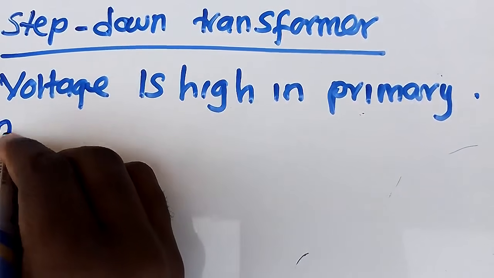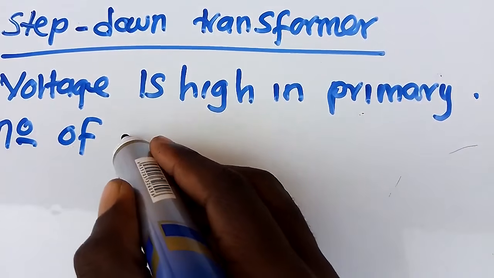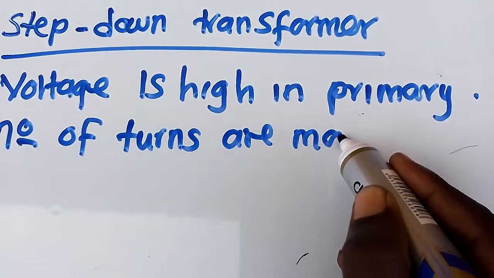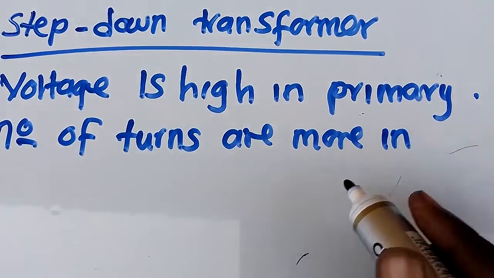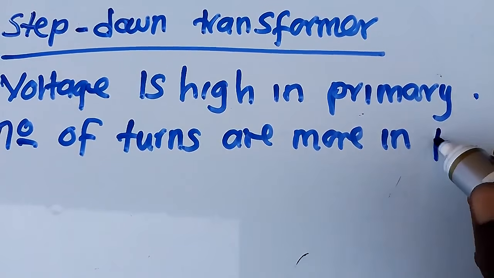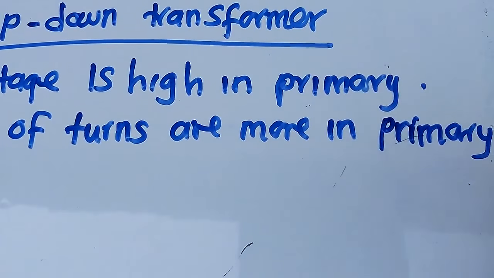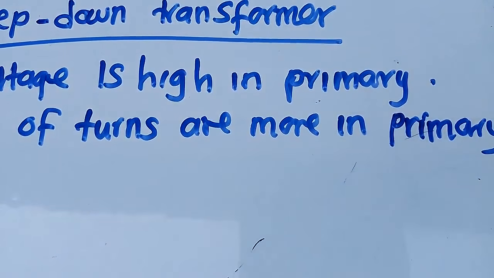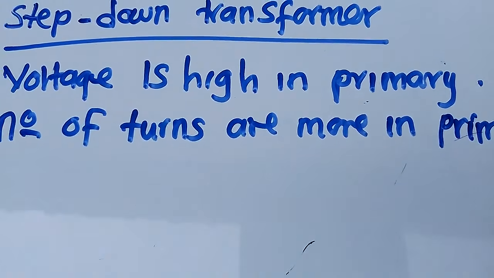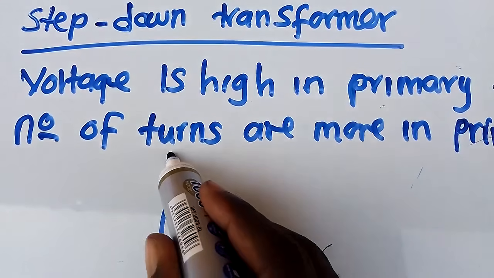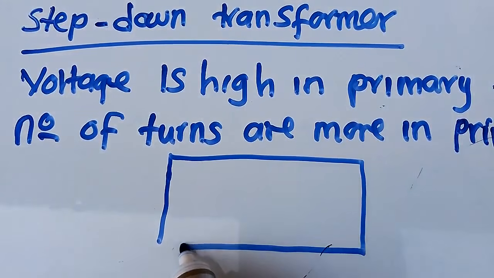Then the number of turns are more in primary. This is what we need to know and understand: the number of turns are more in primary, and voltage is more in primary. We can also put an example of this type of transformer.